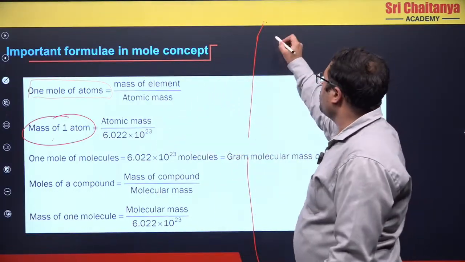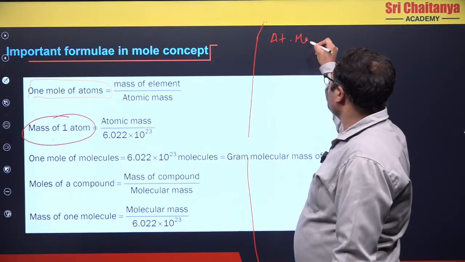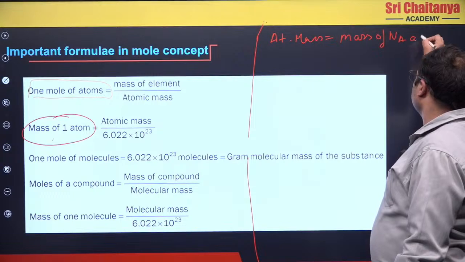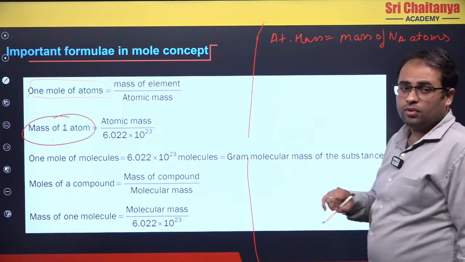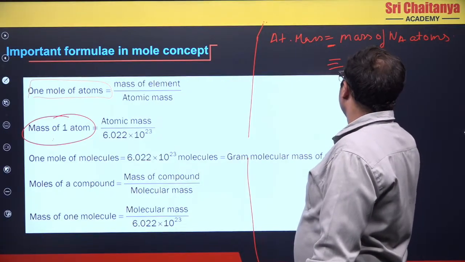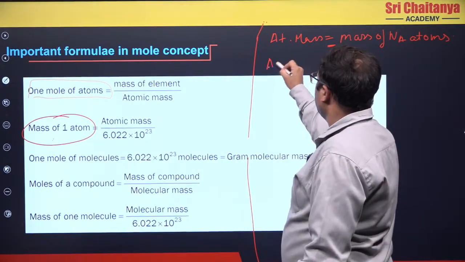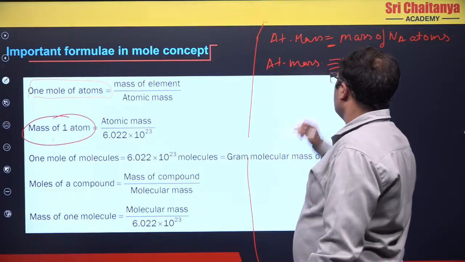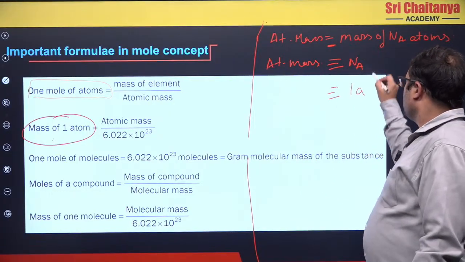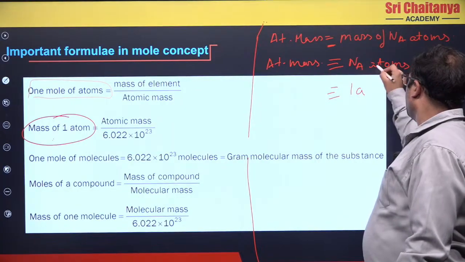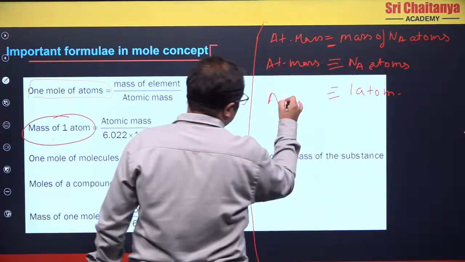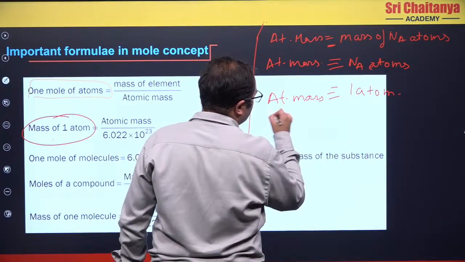See, atomic mass was what? Atomic mass was mass of NA atoms, right? So, if I just write it like this, NA atoms, and I write here atomic mass, if I divide both sides by NA, I'll get one atom here, and here you will get atomic mass by NA.